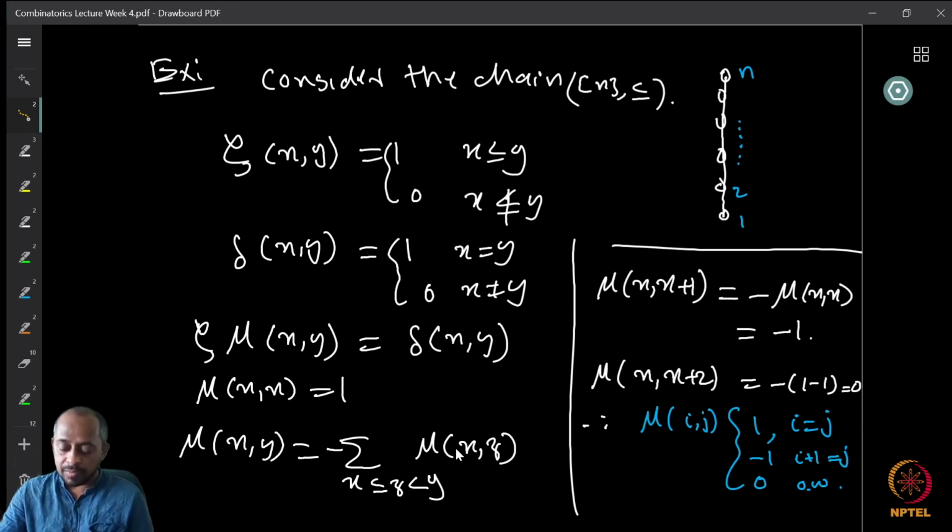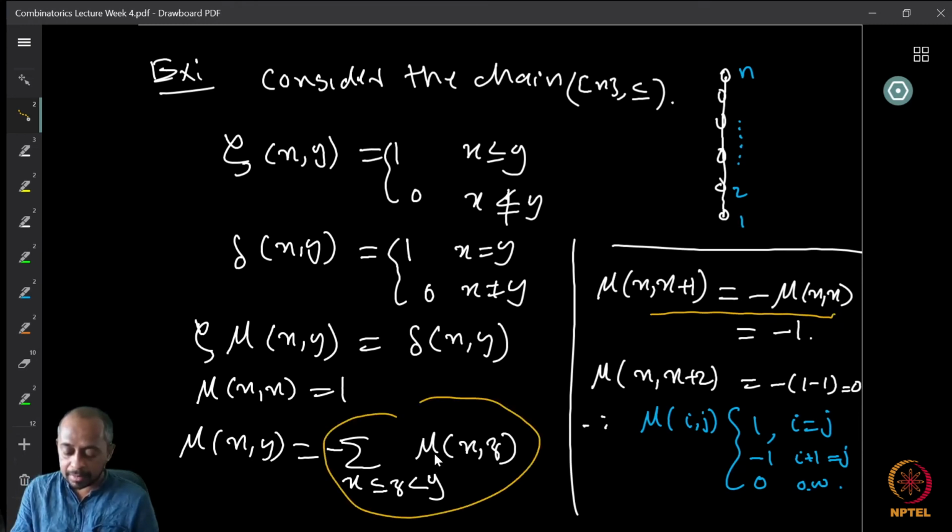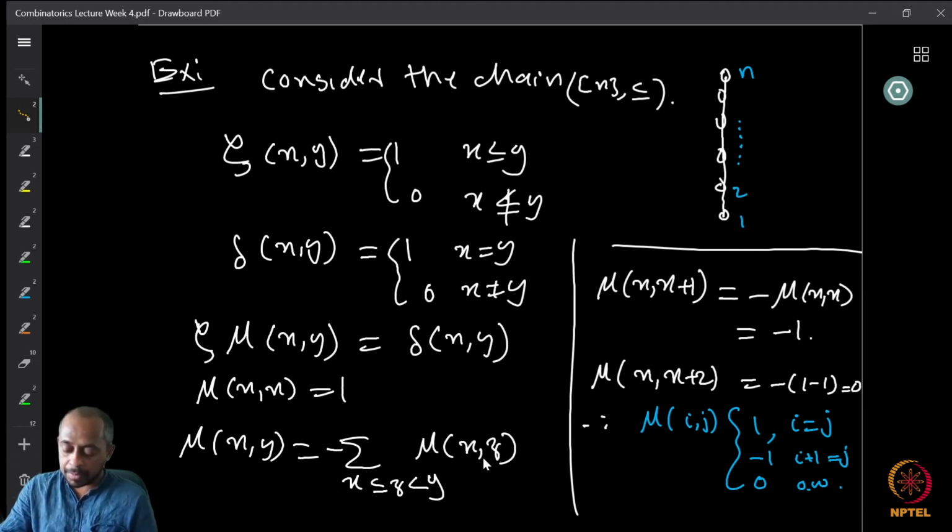What is mu of x comma x? That is 1, we already know. Let us look at the next one, mu of x comma x plus 1, the next element. By the summation here, it is minus mu of x comma x, because the last term x plus 1 is a strict inequality, so we don't consider that. Therefore mu of x comma x plus 1 is equal to minus of this, which is minus 1.